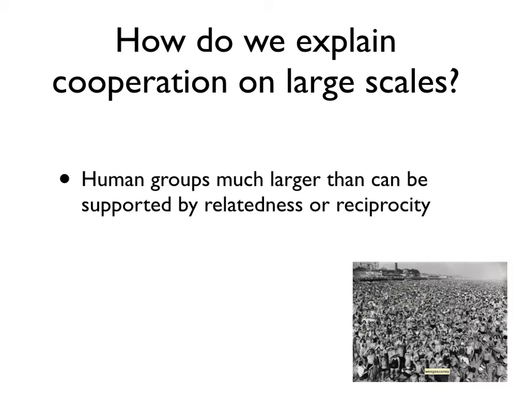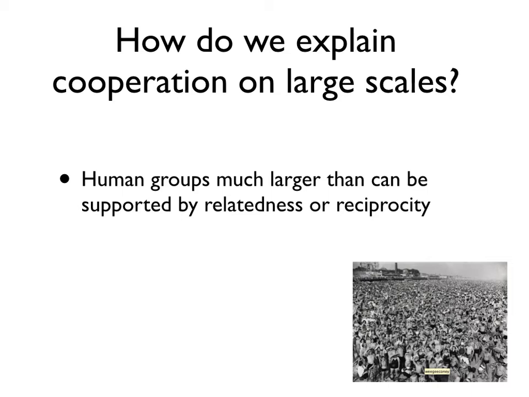So a lot of human cooperation occurs in groups that are much larger than can be supported by relatedness or reciprocity. A lot of human cooperation occurs in contexts where you're cooperating with unrelated individuals who might not be cooperating back with you.